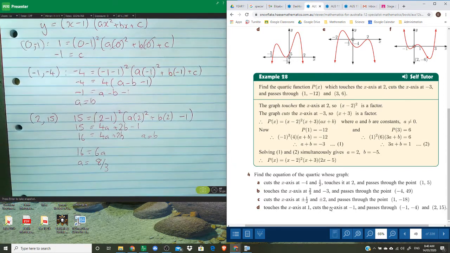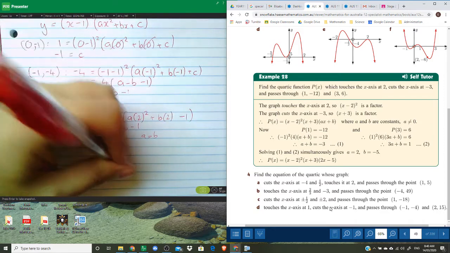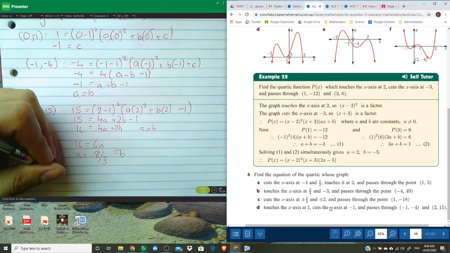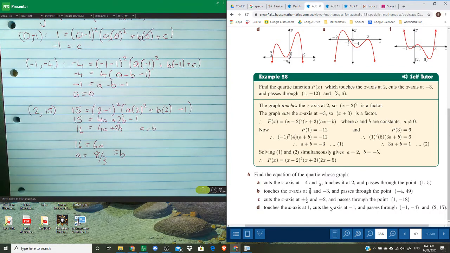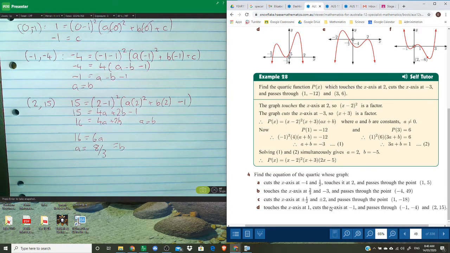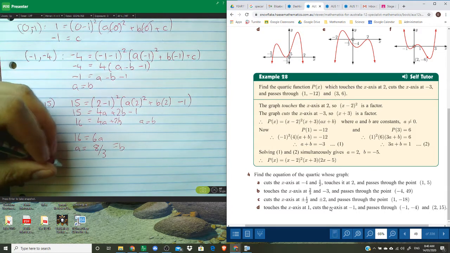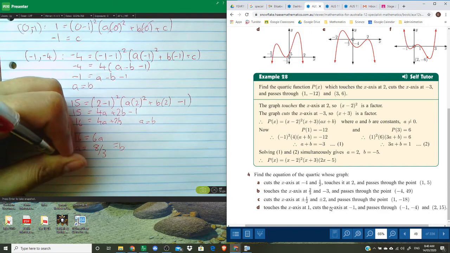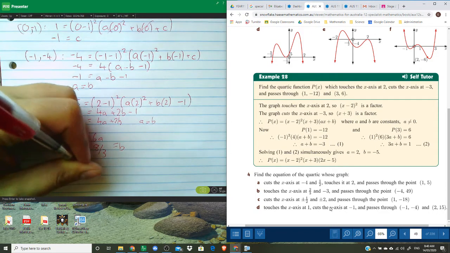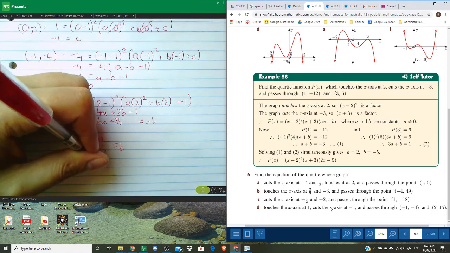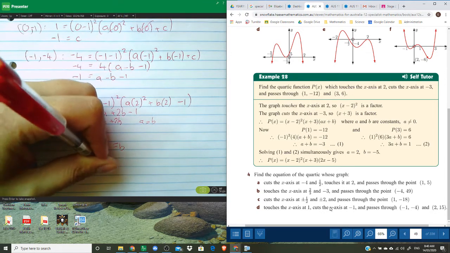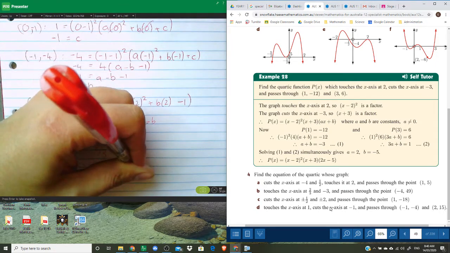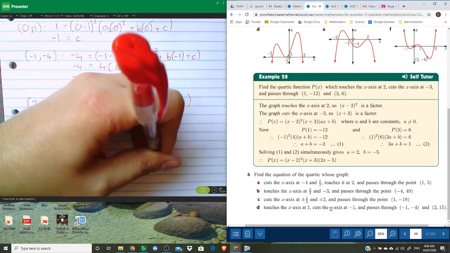And then so does b. Then you can write your irreducible quadratic factor as such. So now the equation becomes y equals (x minus 1) squared times (8 on 3 x squared plus 8 on 3 x minus 1).